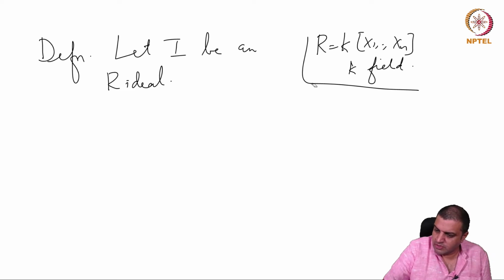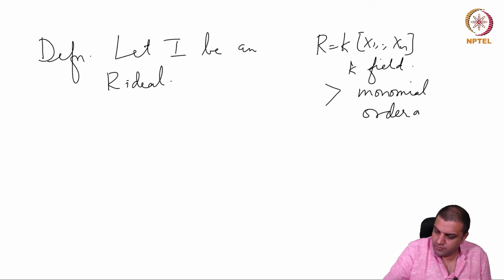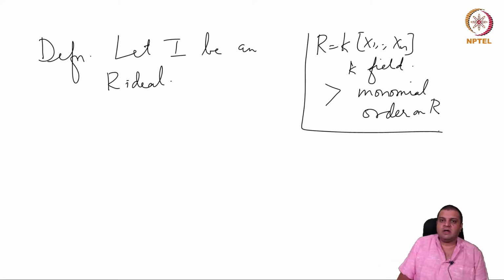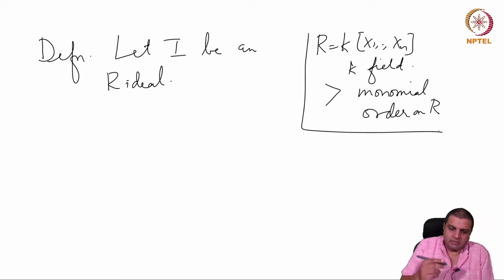Sorry, one more point. This is a monomial order on R. There is an underlying monomial order, and we will always refer to initial ideals, etc. with respect to that. Okay.